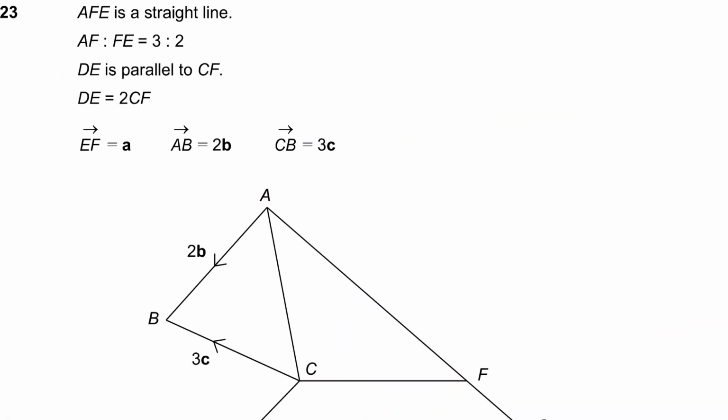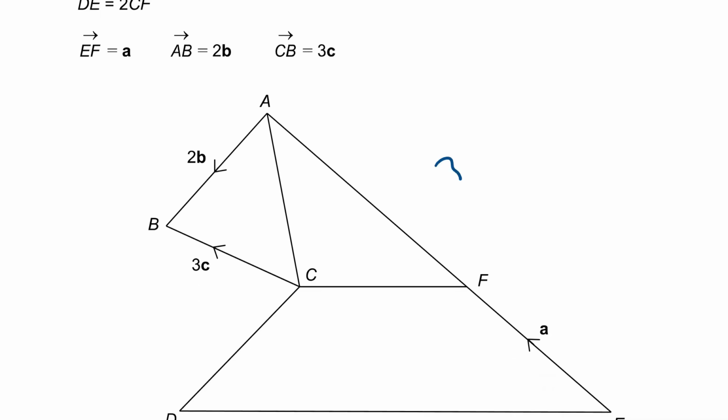Okay, question 23 is a vectors problem. I'm told that AFE is a straight line, and A to F to E is in the ratio of 3 to 2. So for every 3 we've got here, we've got 2 down there.